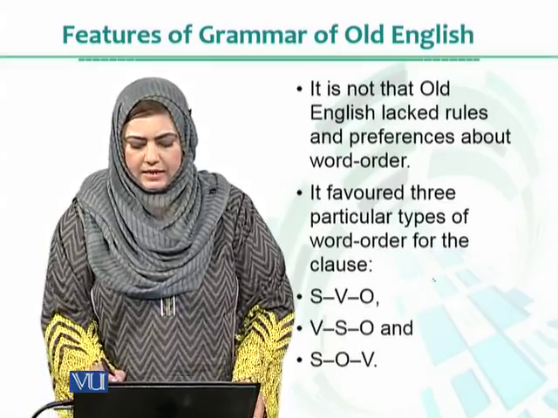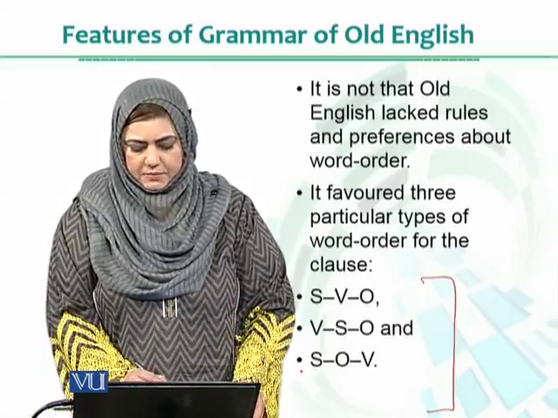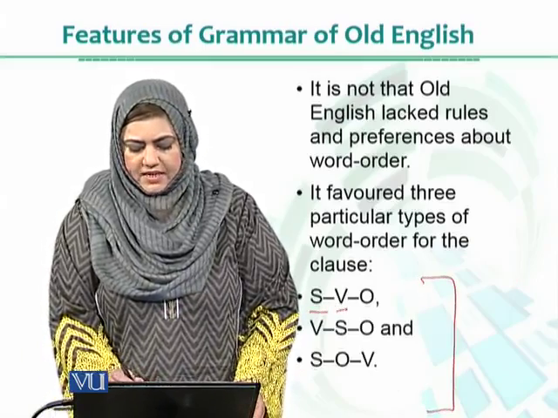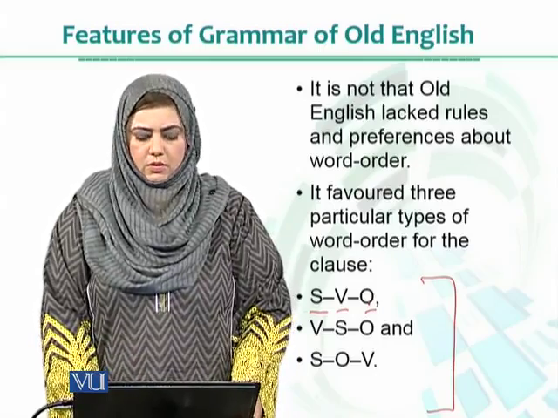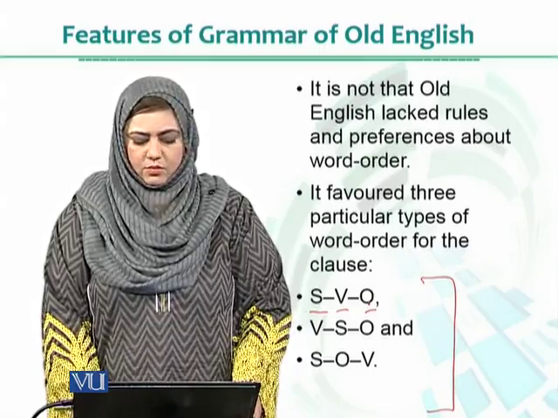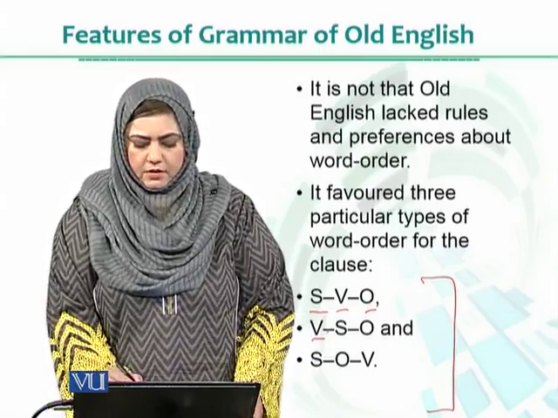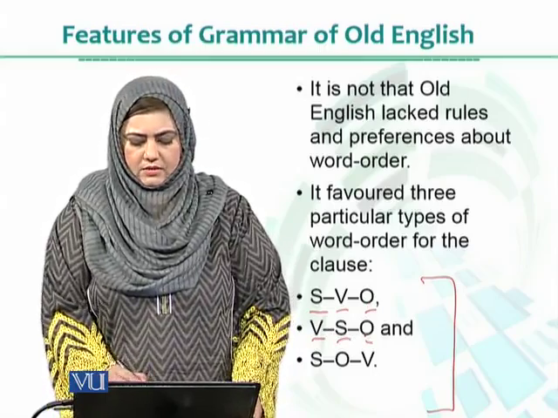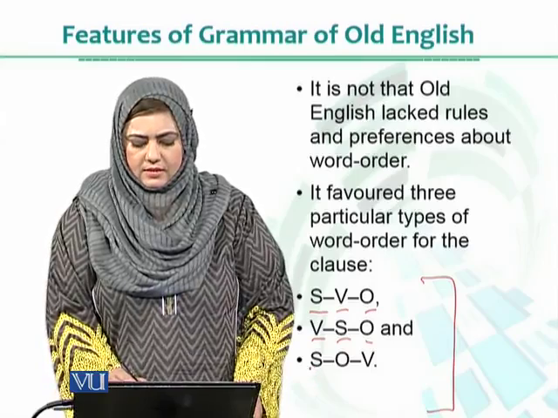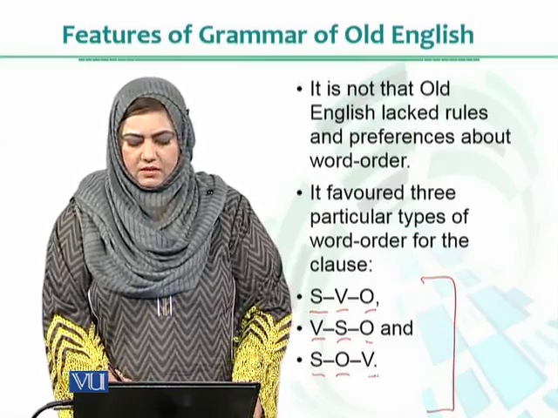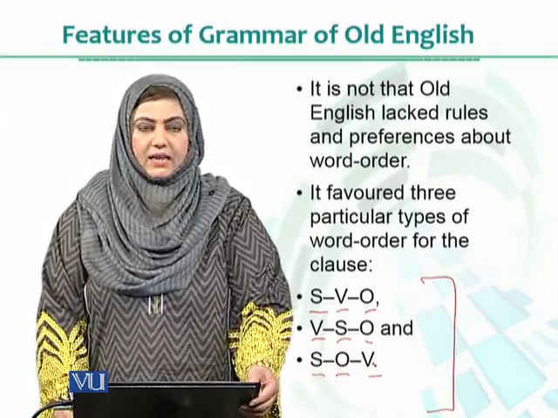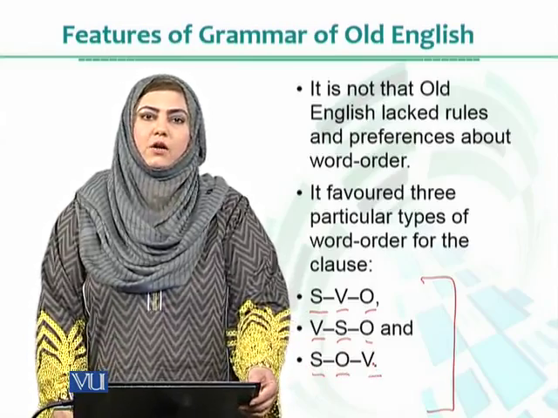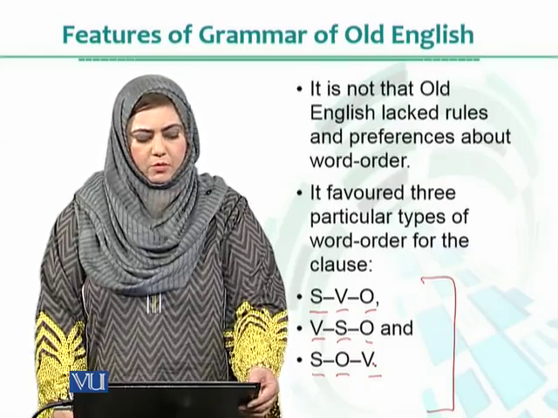The first is subject, verb, object, what we call SVO. The other is VSO, that is verb, subject, object. The third is subject, object, verb. These were the three preferred styles, which again show a lot of freedom as compared to modern English structures.